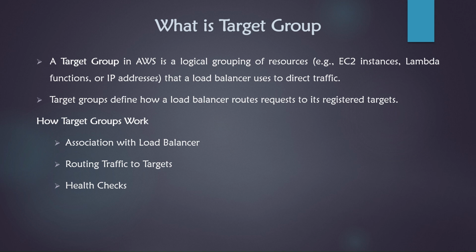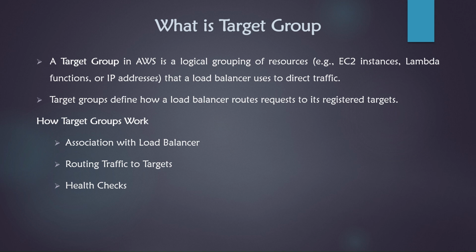In this we have the association with the load balancer, routing traffic to targets, and health checks. Target groups are attached to the listener in a load balancer. The listener routes requests to the associated groups based on the rules.